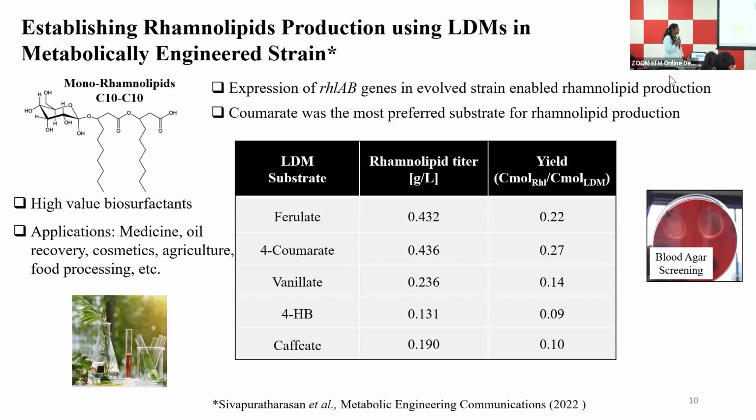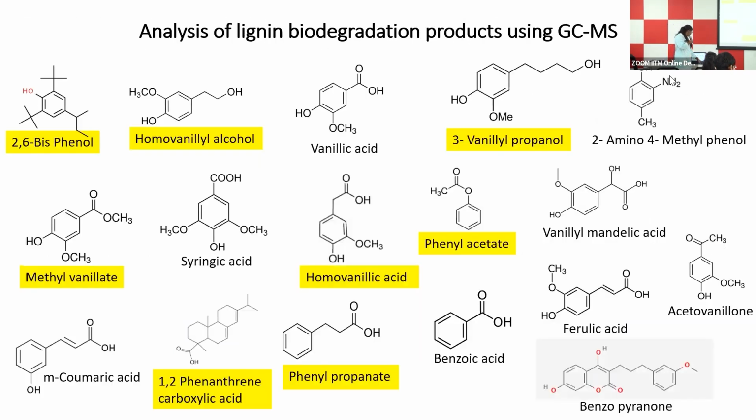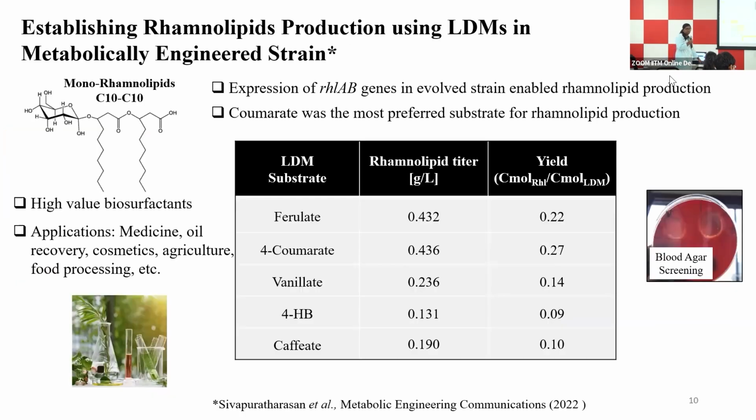So yeah, good titers, maximum titers of which was in conventional substrate. We were able to use this metabolically engineered strain for production of first concept, and then the real aim is to use the lignin residues.